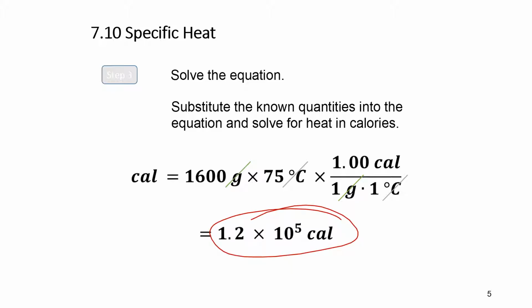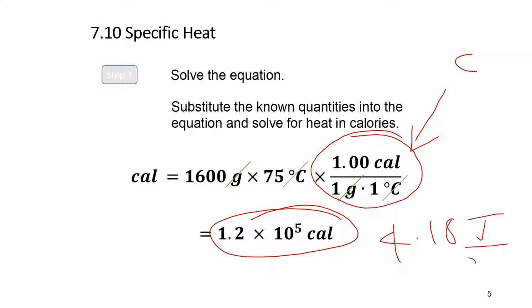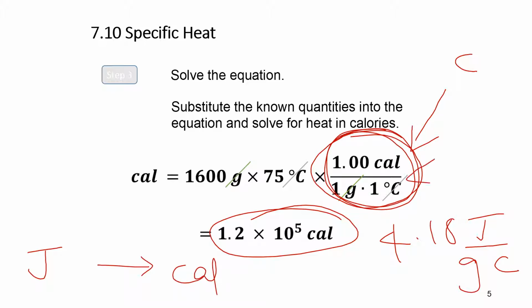It's the same answer that they have gotten here, except that notice what they used. They used the specific heat not as 4.18 joules per gram Celsius like the way we did. We got our answer in joules and then converted it to calories. You could use the calorie number directly and then get the same answer.